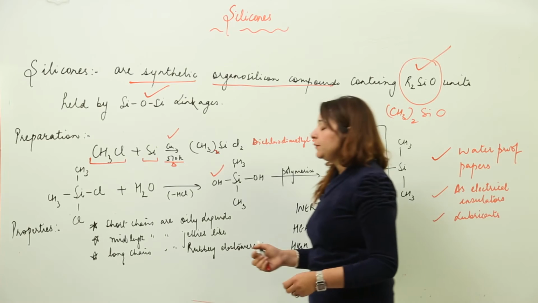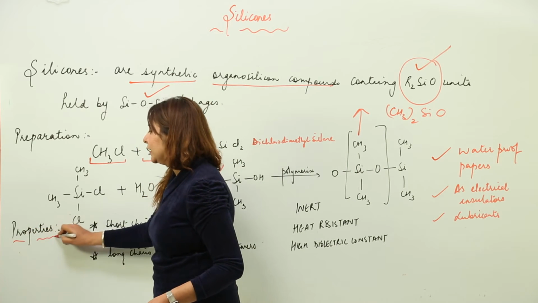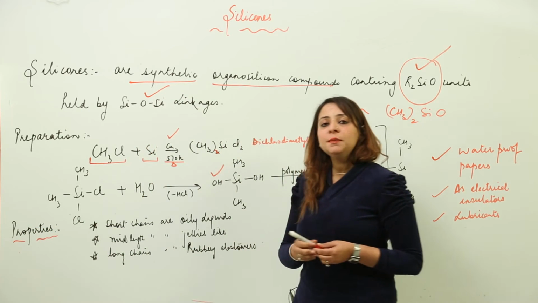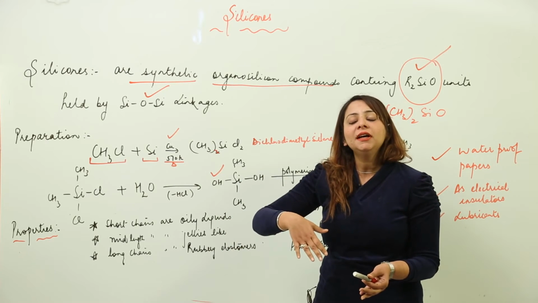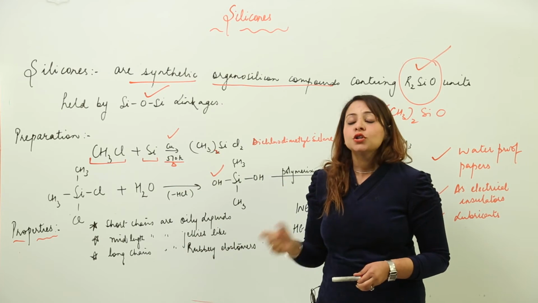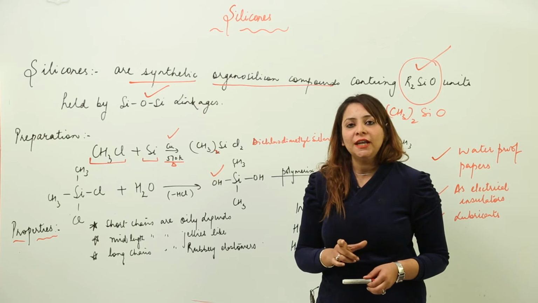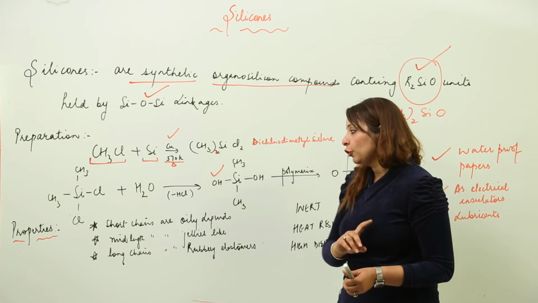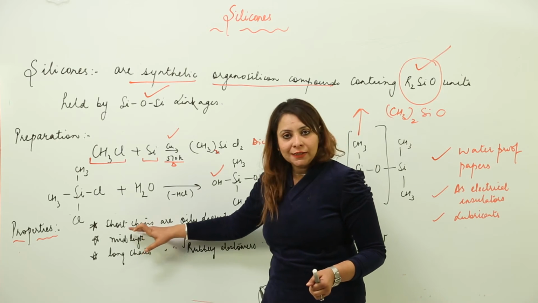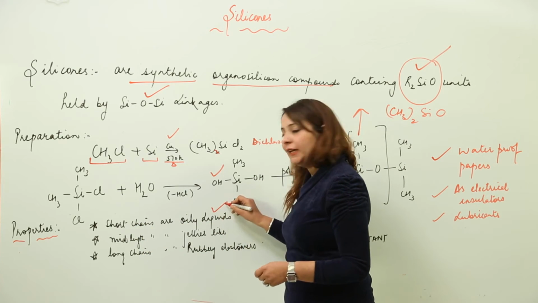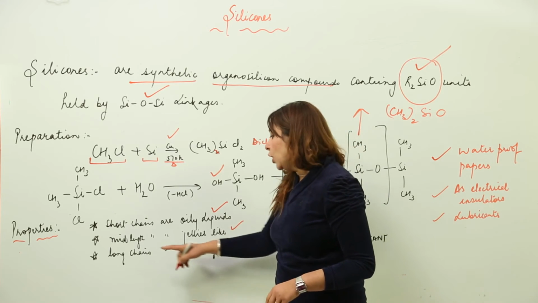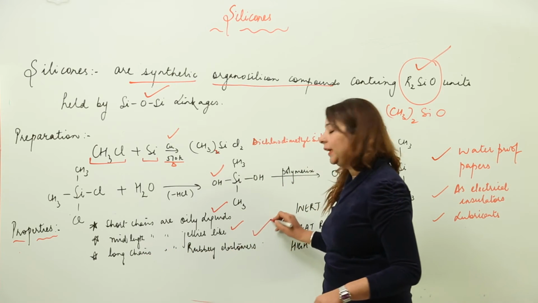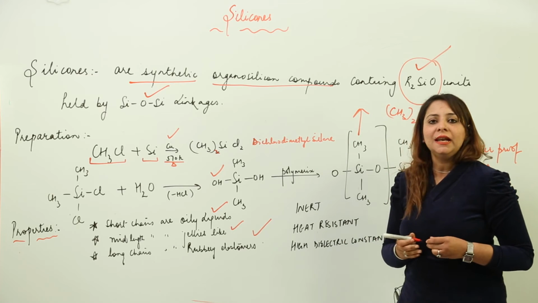Now as we look at their properties, we will see that these silicones may contain short chains, mid-length chains, and very long chains. Depending upon the length of the chain, their state varies. For example, short chain silicones are oily liquids, mid-length chains are jelly-like, and long chain ones act as rubbery elastomers, that means with elasticity.